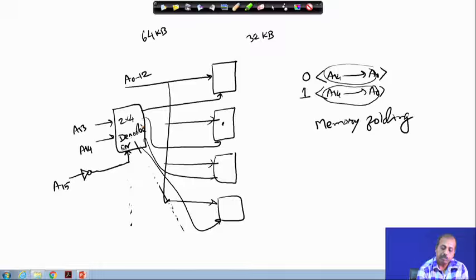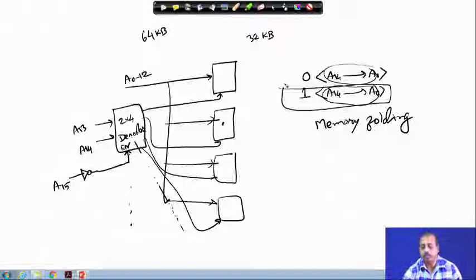Now, if A15 equal to 0, then only this enable signal is high, as a result the appropriate memory location will be selected. If A15 equal to 1, then none of the memory chips will get selected. So, that location is not within the addressable range in that case.